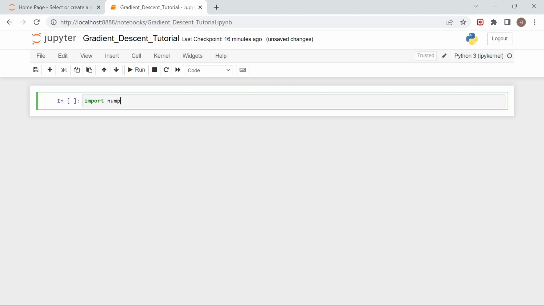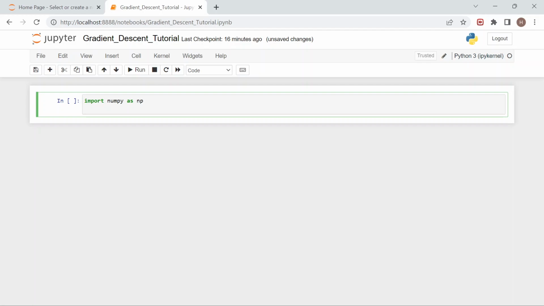So import numpy as np. This is good for multiplications, or making an array of numbers, or making ones and zeros. Import math. This is good because we can use functions like pi or exponent, and we don't have to just copy paste the number.